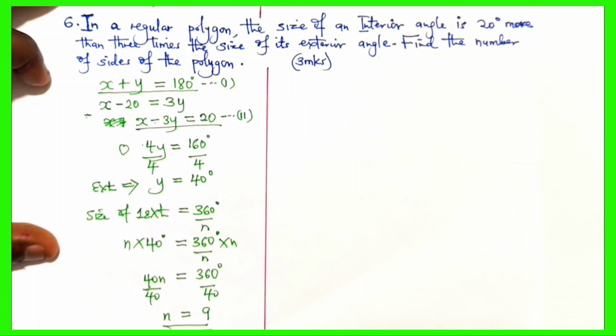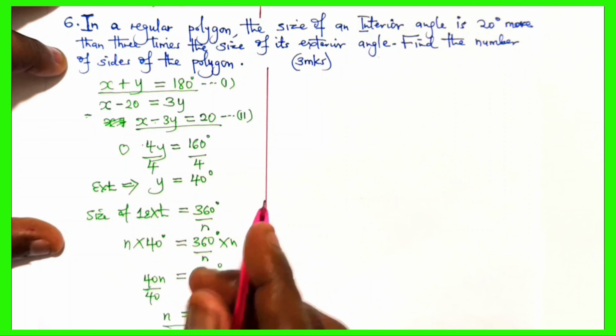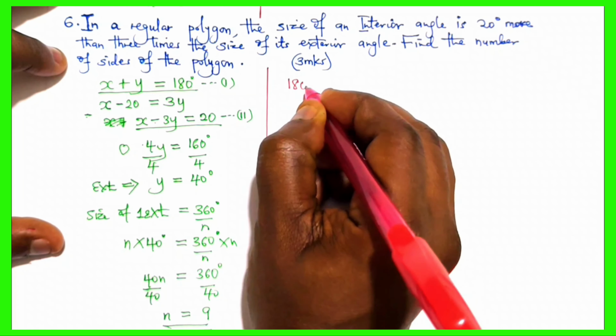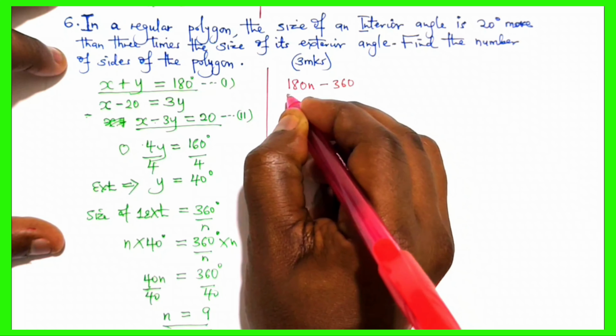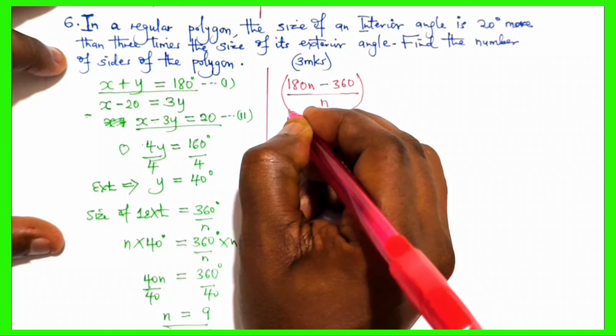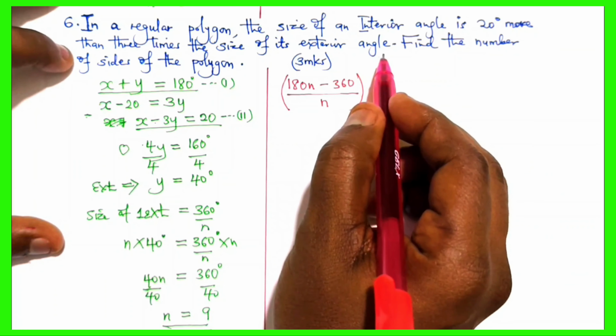Another way is to consider the laws directly. So we can consider here that the interior angle of a polygon, which is 180n minus 360 over n, is 20 more than 3 times the size of the exterior angle.